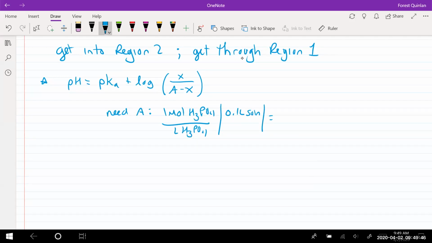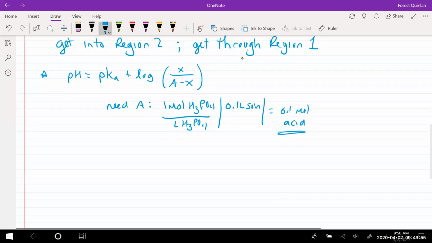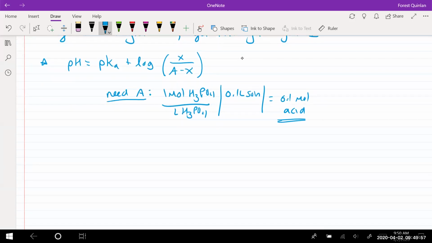That gives us 0.1 moles of the acid, and that's our A. At this point, we can plug and chug. We knew that our pH was supposed to be 7.00, our pKa was 7.21, plus log of x over 0.1 minus x.